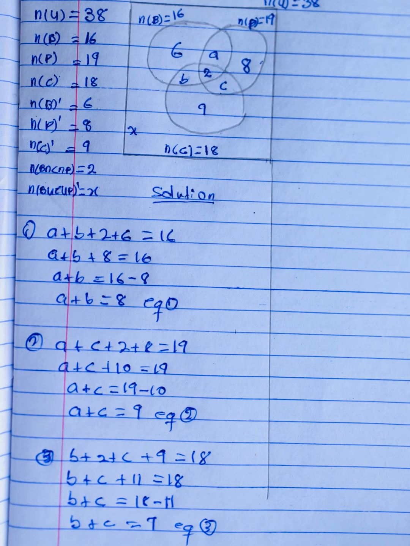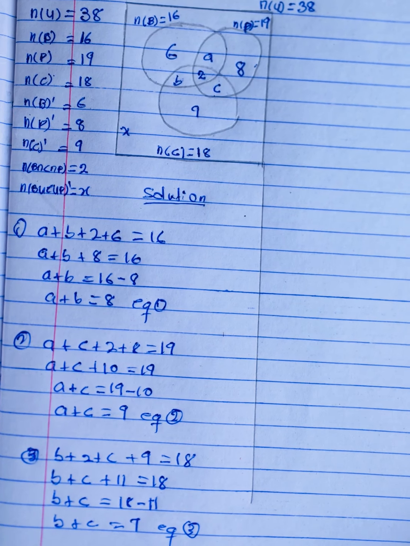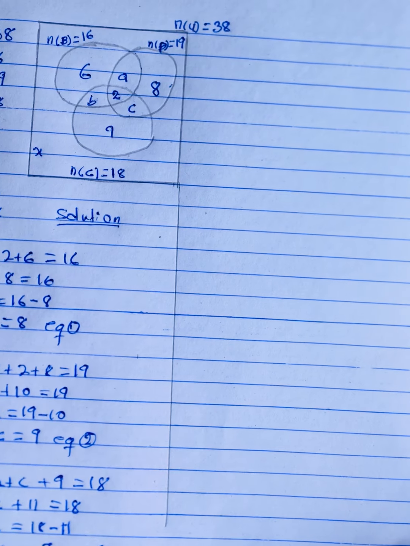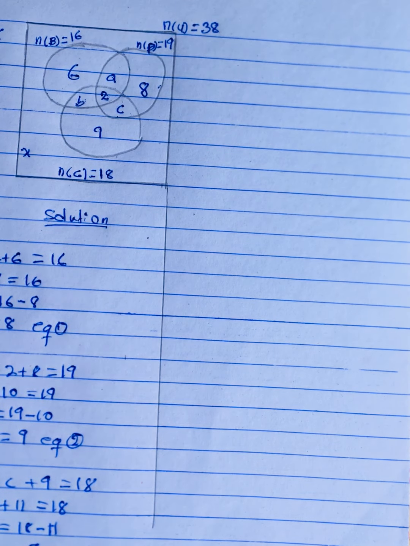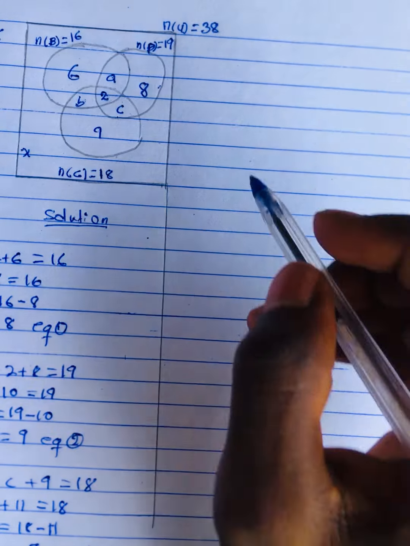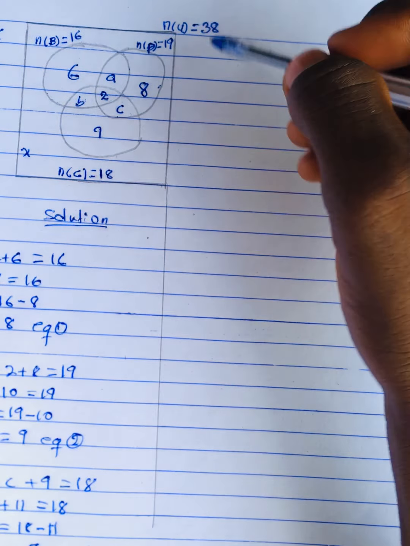Now, at this stage, we are going to solve it simultaneously. What do I mean by simultaneously? We are going to solve it by combining the variables. So let's write the equations here.